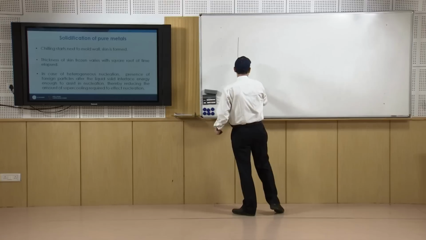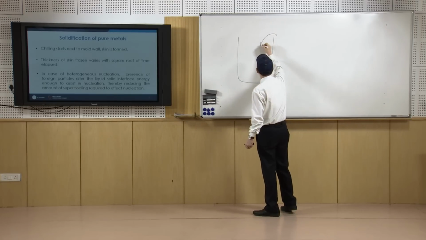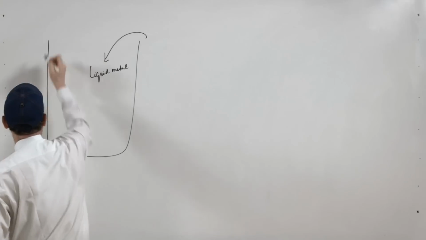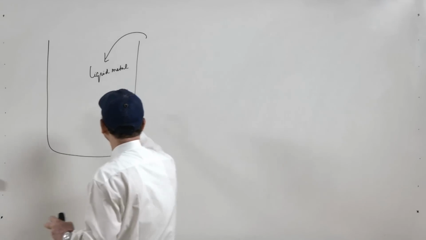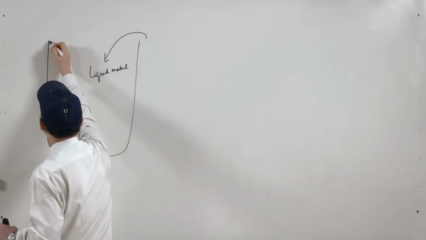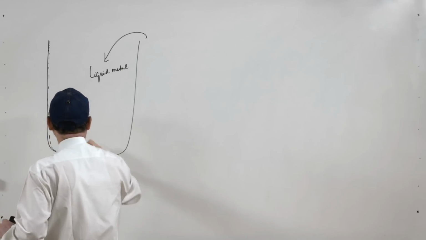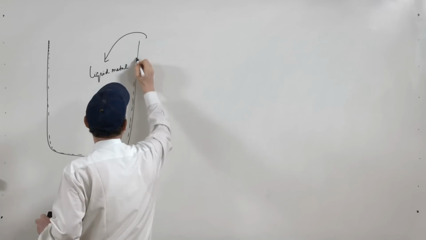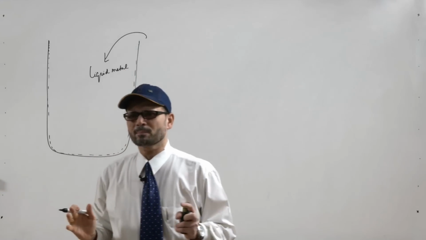Suppose you have a cavity, and the liquid metal is poured, and the surface is at room temperature. Certainly, as the liquid metal touches these surfaces, it experiences maximum undercooling, and heat transfer from these surfaces is the maximum.